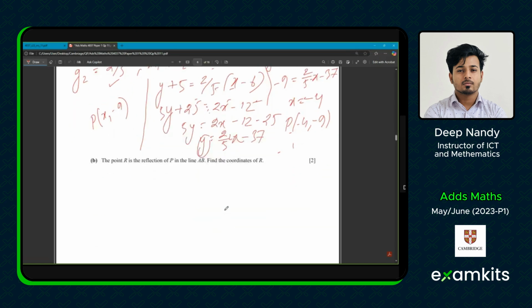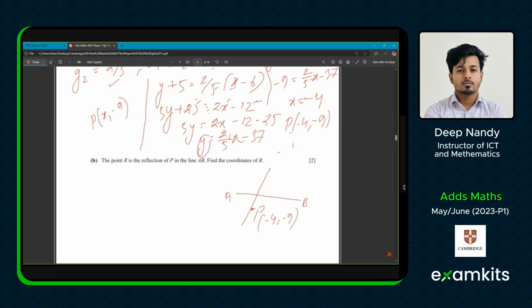Now, moving on to the second question. The point R is a reflection of point P in the line AB. So we need to find the coordinates of R. If this is the line AB, and this is the point P with coordinates (minus 4, minus 9).